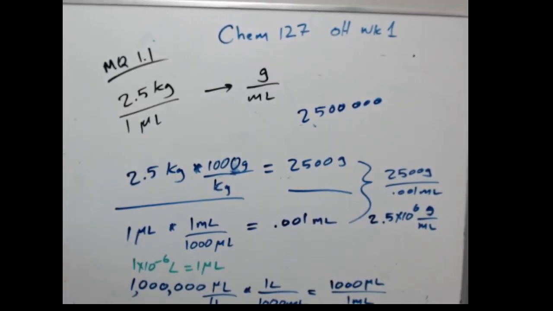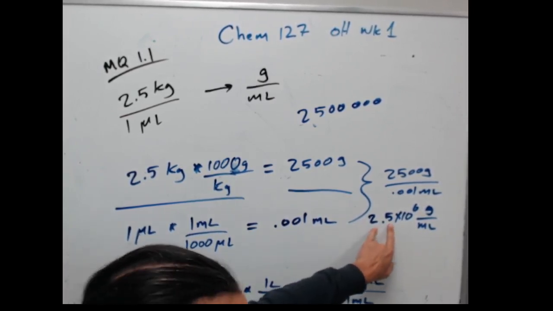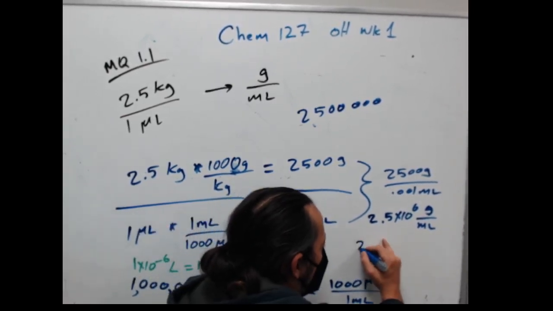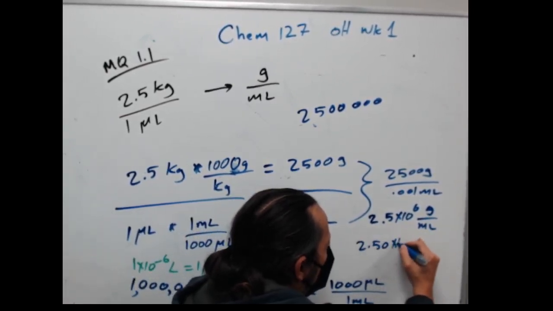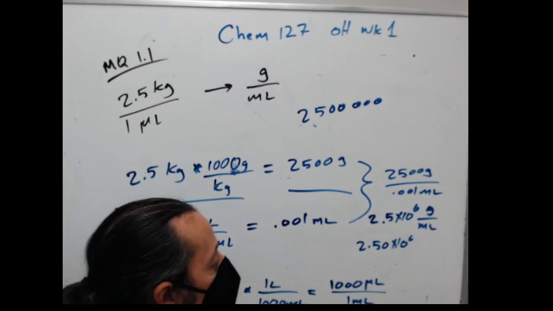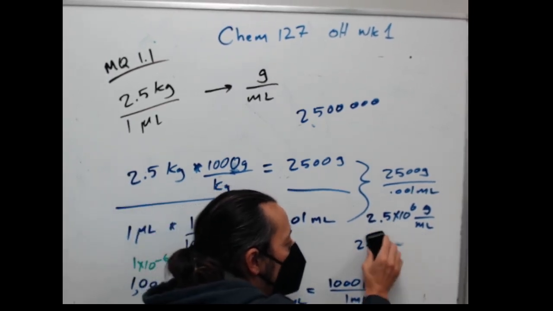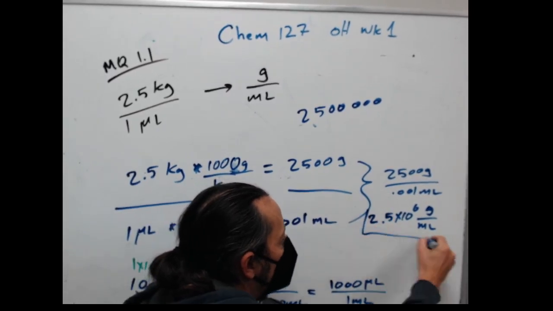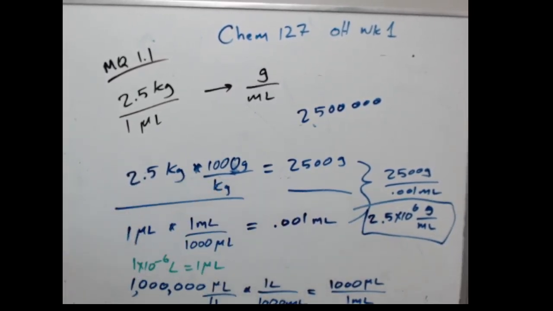It also, more importantly, makes it really obvious I'm working with 2 sig figs here. I could just as easily write this as 2.50 times 10 to the 6, and now I've got 3 sig figs, but it's the same number. So scientific notation makes it really easy to show our significant figures. But that becomes our final answer, 2.5 times 10 to the 6 grams per milliliter.